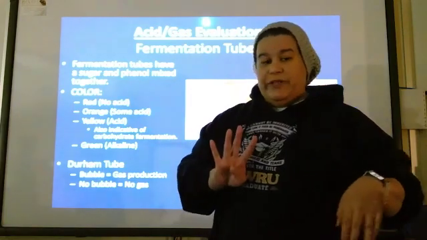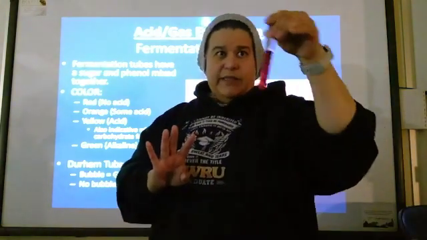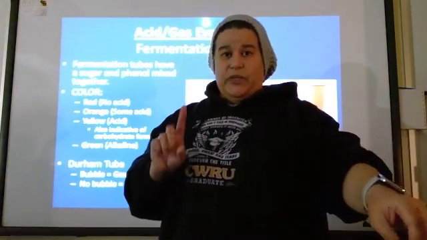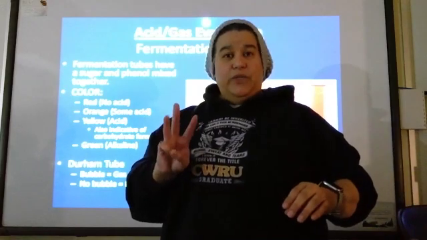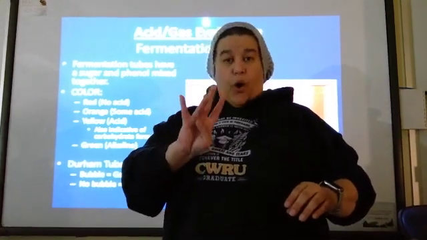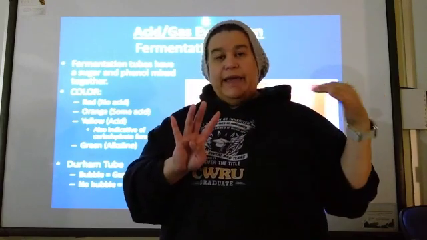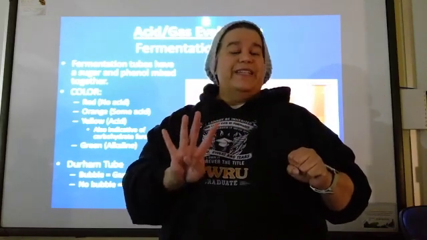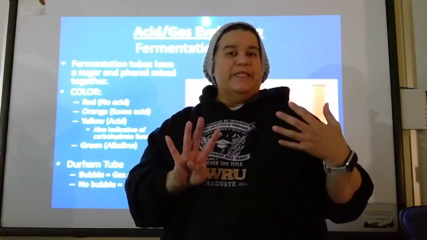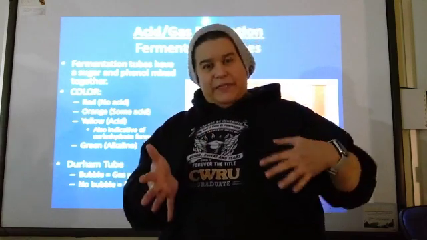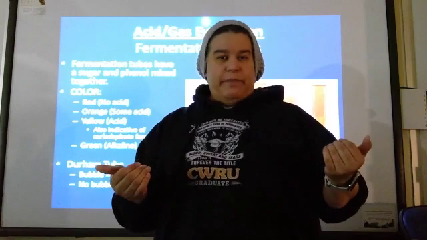We have 4 different types of tubes like this. We have lactose, sucrose, maltose, and dextrose. All 4 of these tubes have a completely different sugar. If the bacteria doesn't have the specific enzymes it needs for that specific sugar, then nothing should happen in the tube.